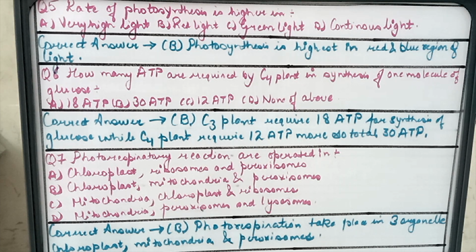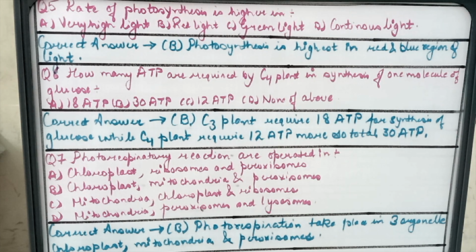How many ATP are required by C4 plant in synthesis of one molecule of glucose? 18 ATP, 30 ATP, 12 ATP, or none of the above.